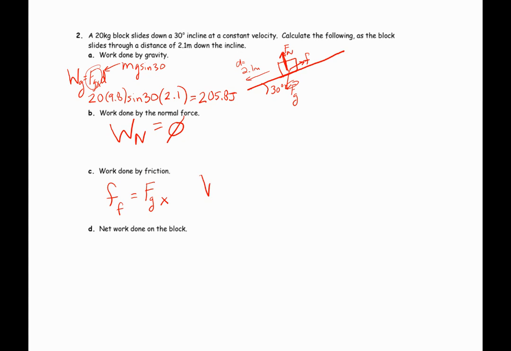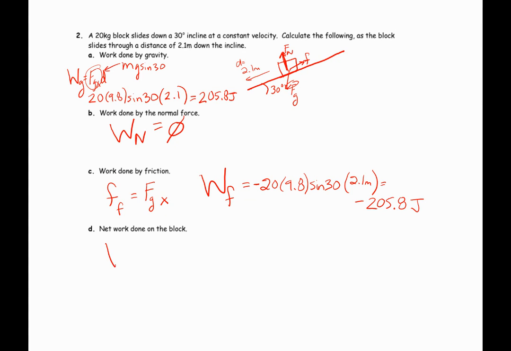So the work done by friction is going to be 20 times 9.8 times sine 30. But remember, it's going to be in the negative direction, because the frictional force and our force of gravity in the x direction are opposite each other. And then times d, which is 2.1 meters. Okay, and that's going to end up giving me negative 205.8.